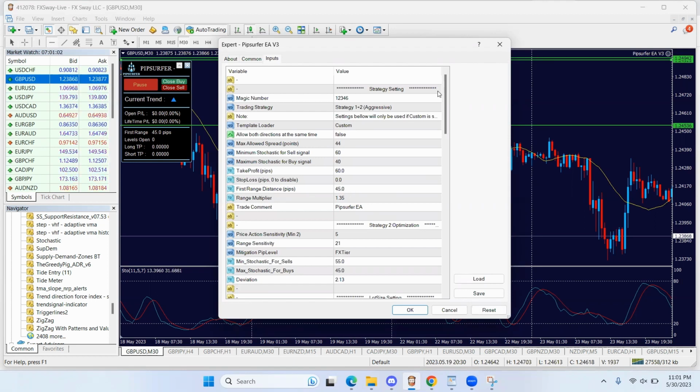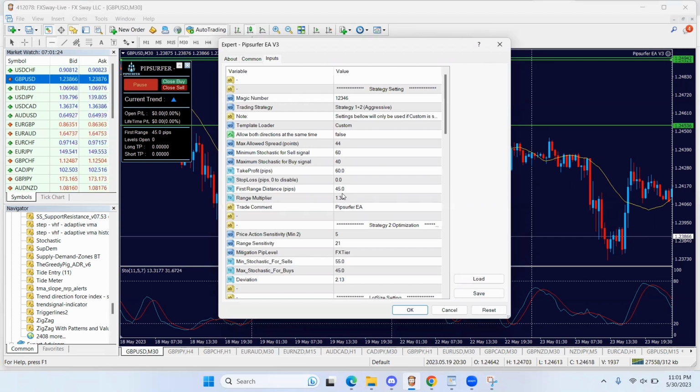After level 1, it's going to do a range multiplier. So what that means is, if it was to continue to draw down, it will multiply 45 times 1.35 and get a number, and that number will be the second entry, or the third entry actually.